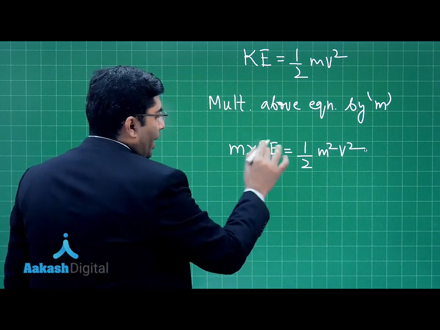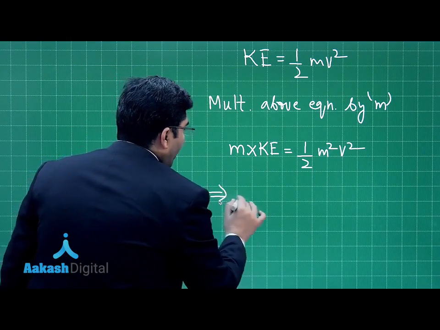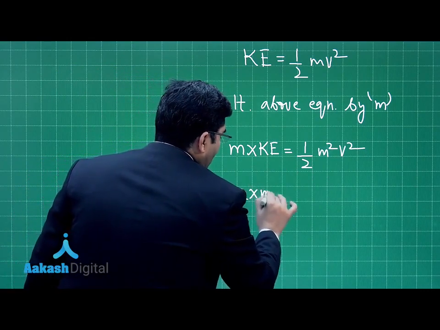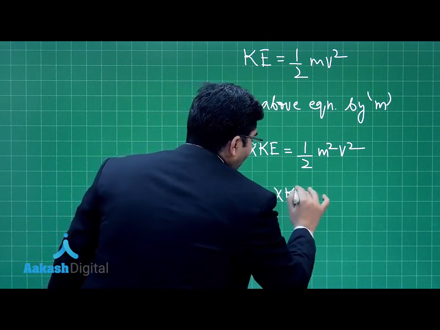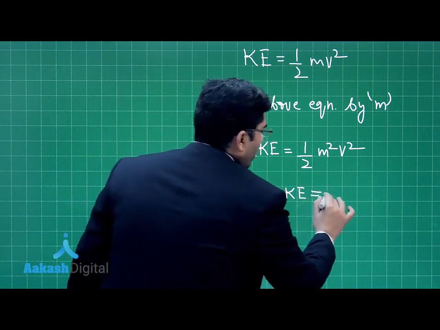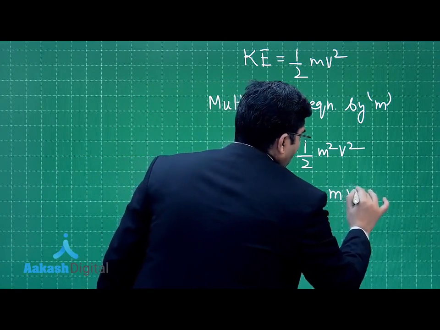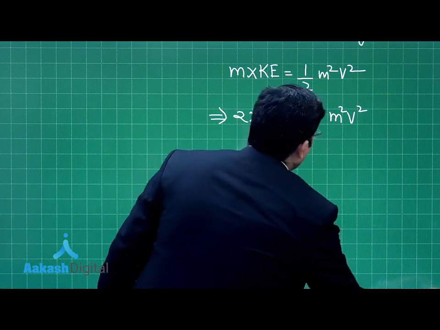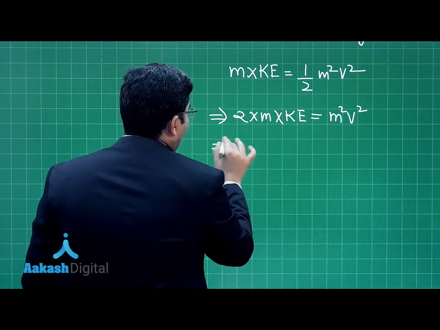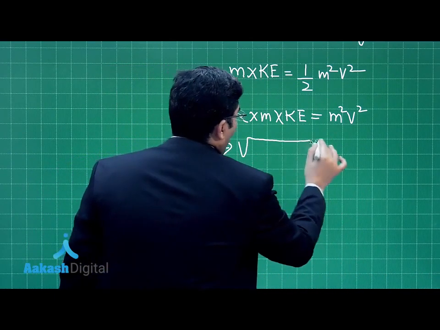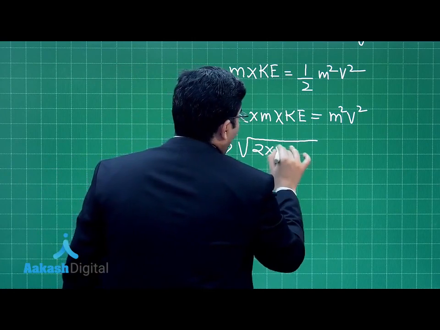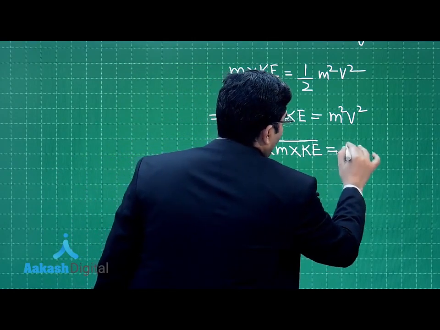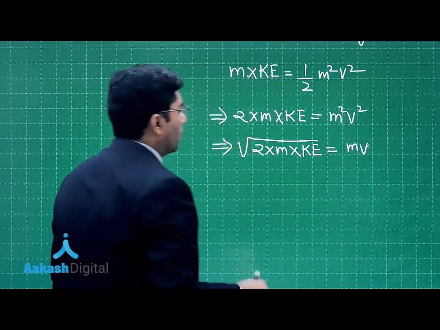Now, multiplying by 2, we will get twice into m into kinetic energy, that is equal to m square v square. And we can write under root of 2 into m into kinetic energy, that is equal to mv, right?